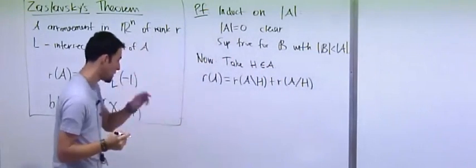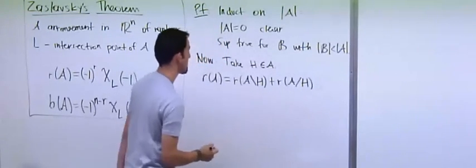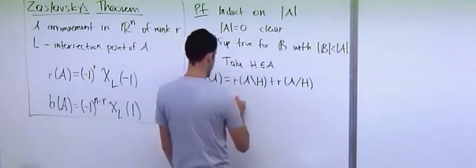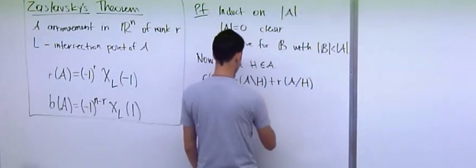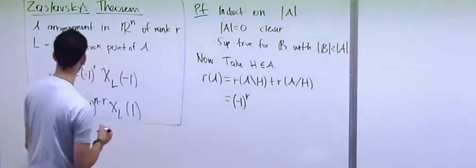Okay. Now these arrangements have fewer hyperplanes, and so we can apply the induction hypothesis and say that this is (-1) to the rank of, this is bad notation, isn't it?